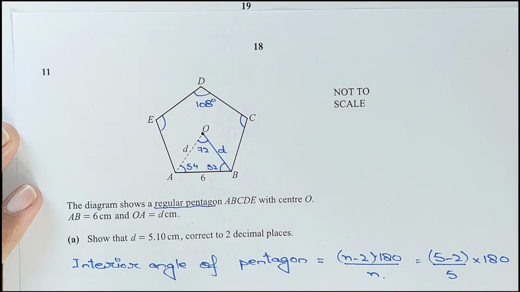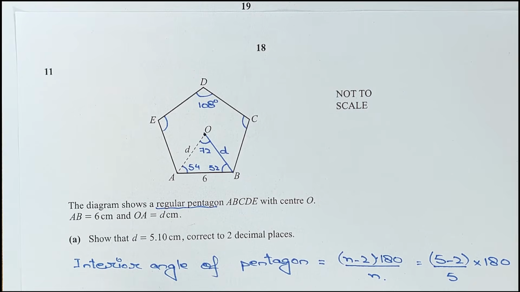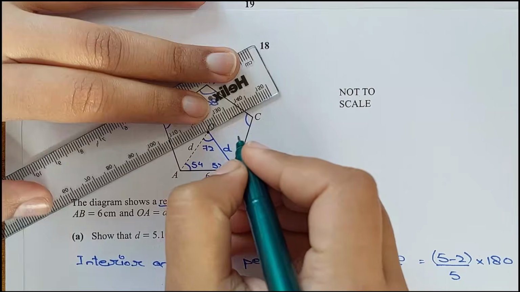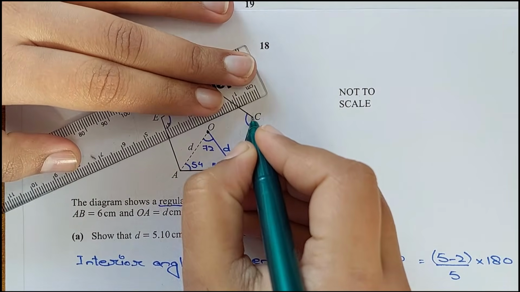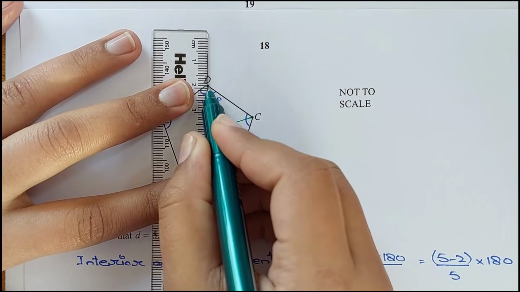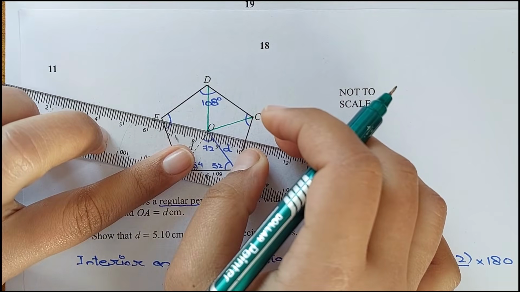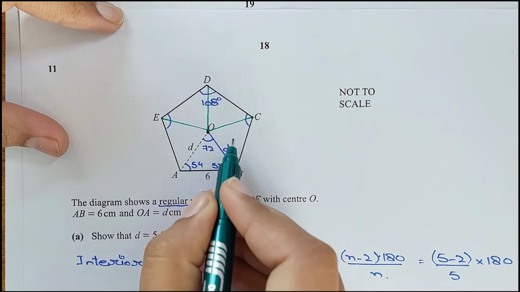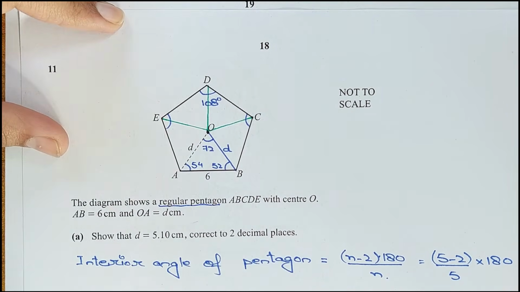We have to find the area of this pentagon. So if I break this pentagon into triangles, if I connect OC, I have a triangle OD, there's another triangle OE, right? So you have 1, 2, 3, 4, 5 triangles.